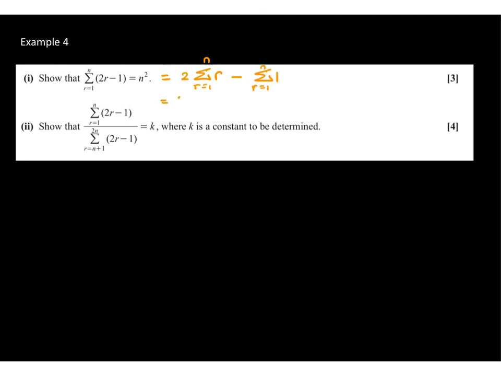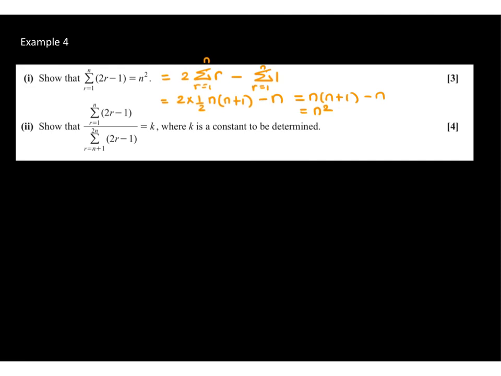So this, of course, is 2 multiplied by a half n plus 1, take away n, which equals this, which, of course, you can see simplifies to give us n squared when you expand.